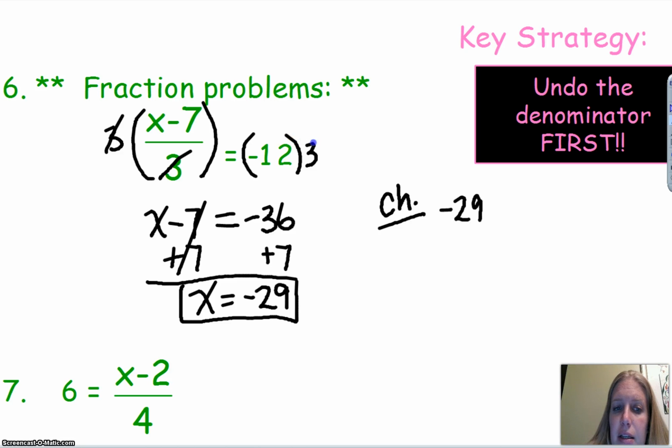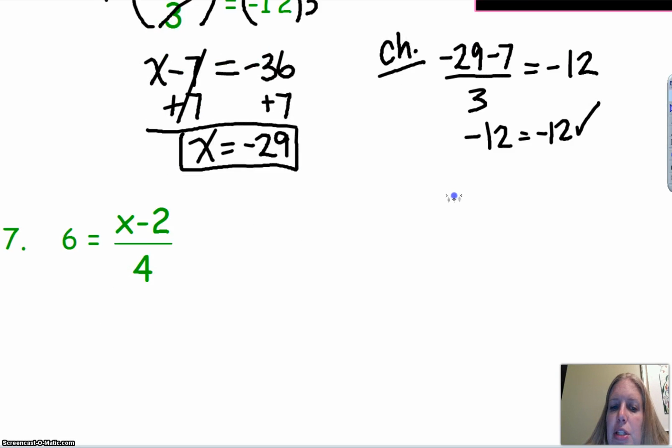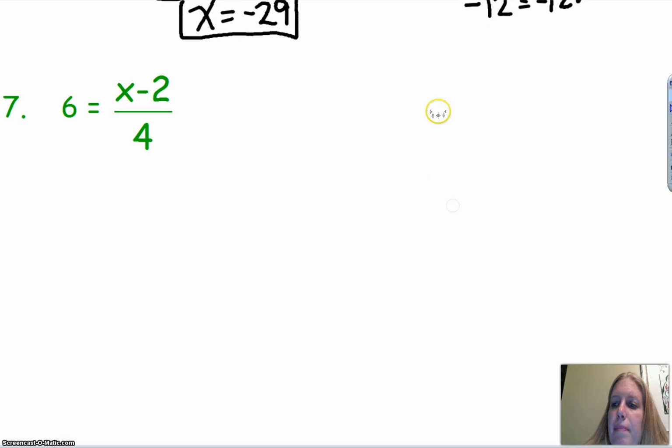Negative 29 minus 7 divided by 3 is supposed to equal negative 12. Negative 29 minus 7, when I type that in the calculator, I get negative 36, divided by 3 is negative 12. And that works. Okay, one more equation to do, and then we're going to do a word problem.